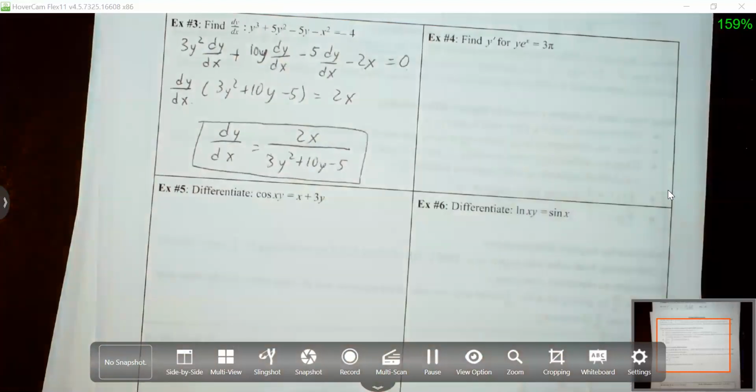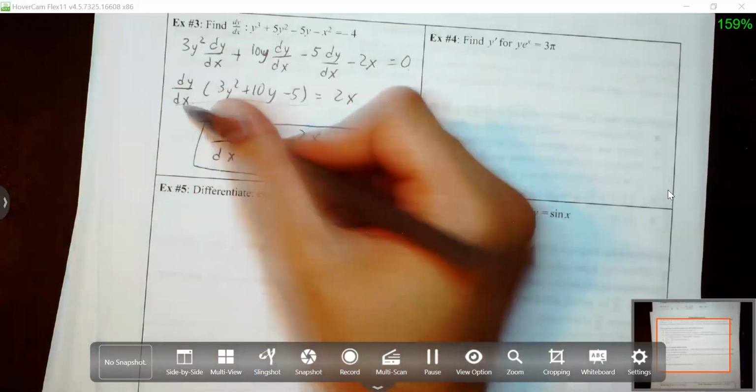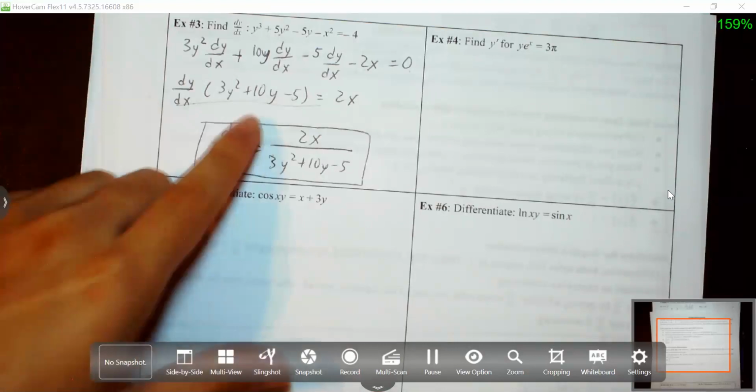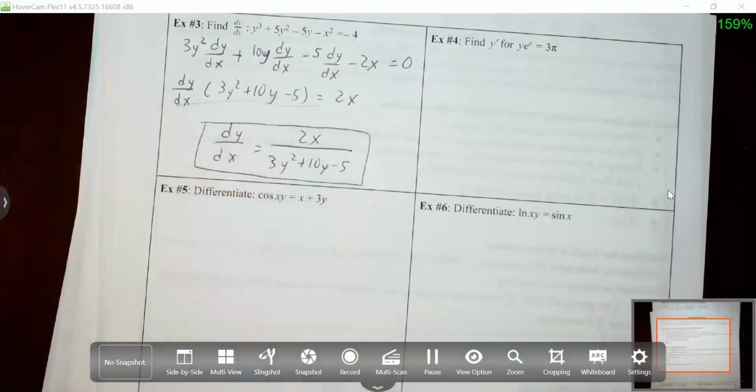Remember, what I did here is I just divided both sides by this to get the dy/dx by itself. But I don't really need to show that step. In like the AP test for the free response, you don't need to show those little algebra steps. They assume you know how to do algebra.